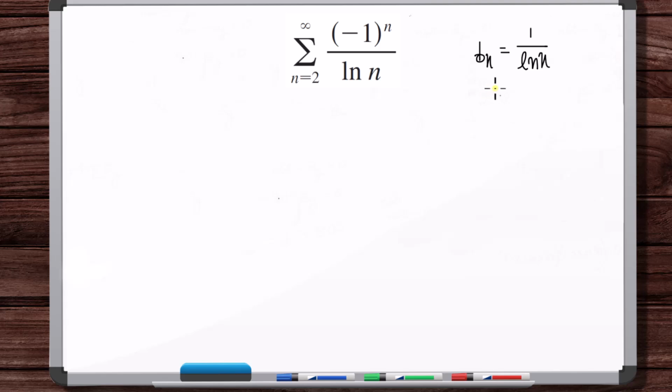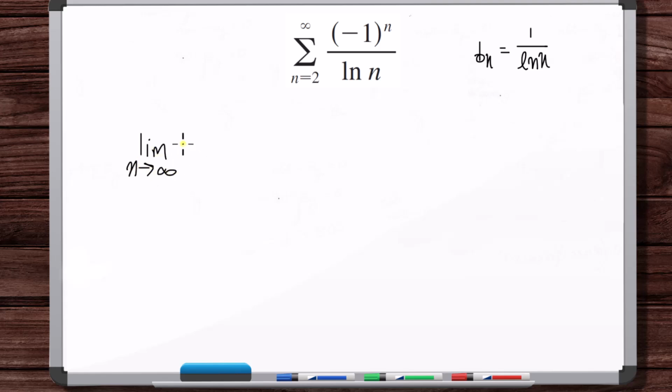Every successive term needs to be smaller than the previous, starting at some n value. It doesn't have to be 2, but it looks like even starting at 2, starting above e, which is 2.7 something, this is always going to be decreasing. I think going from 2 to 3, this would increase. But then after n is equal to 3, this would be decreasing. So we can use the alternating series test. And so all we do is we take the limit of the b sub n.